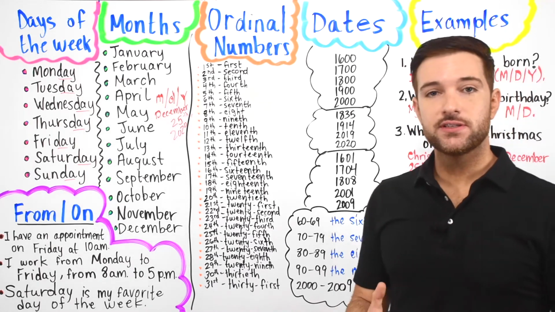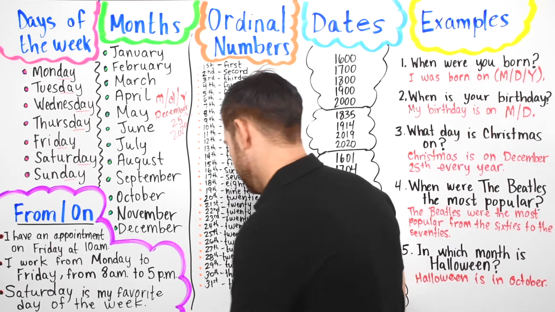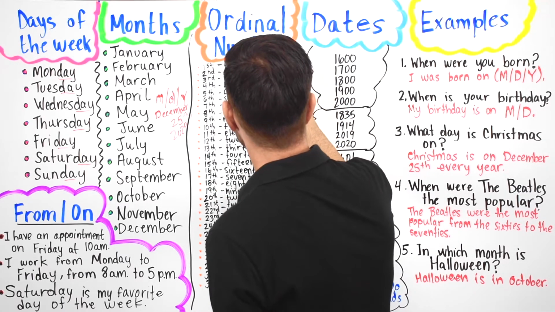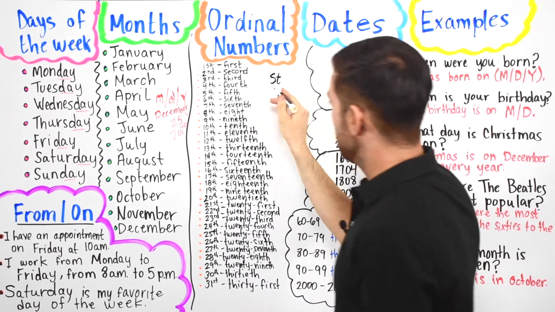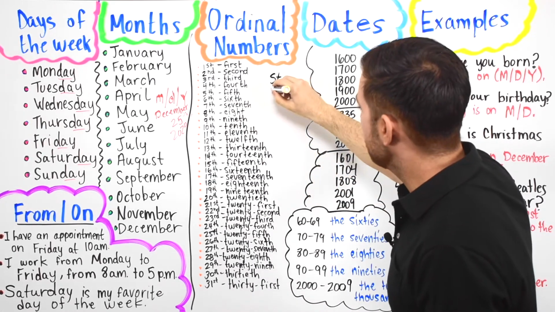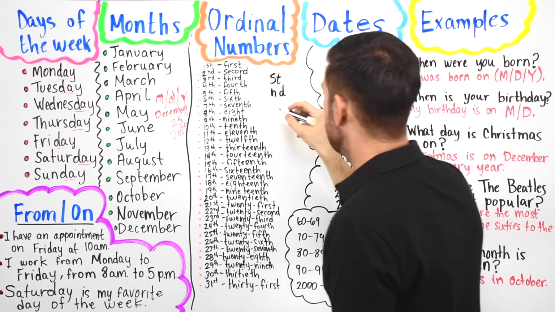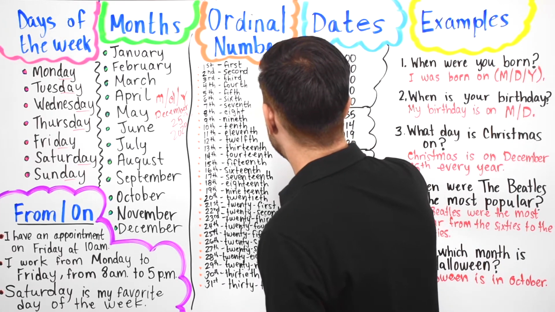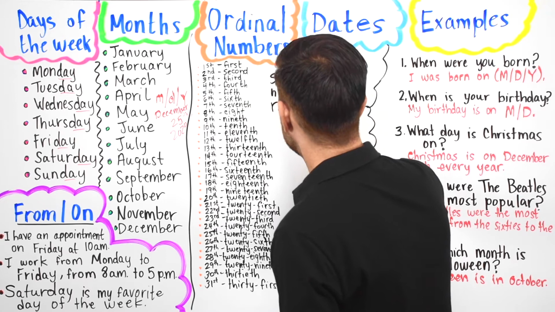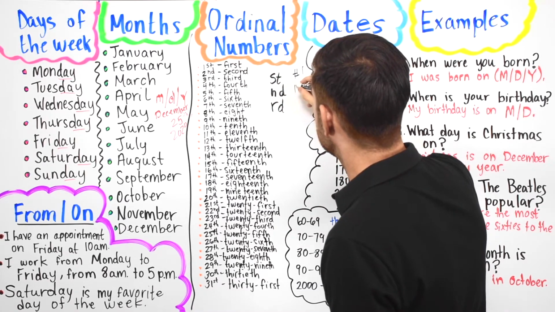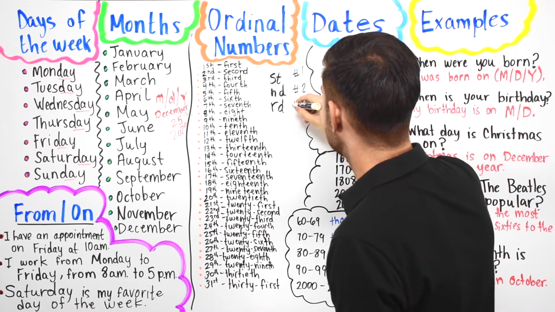Okay, so notice that we attach, and I'll write it here. In English, we attach an ST, and then we also attach an ND, and we also attach a RD, for the first 3 numbers. So this is number 1, this is number 2, and then this is number 3.